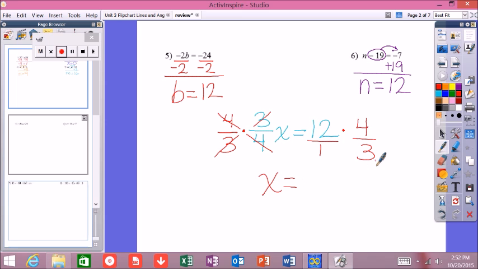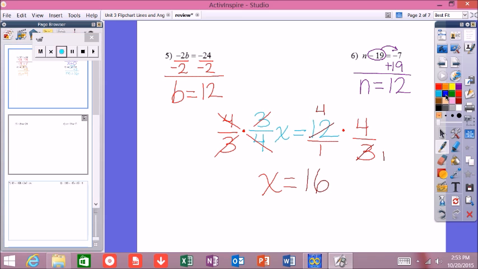On the right side, just type in 12 times 4 divided by 3. Or in your head, you can say 3 goes into 12 four times, and that leaves 4 times 4 is 16. X equals 16, and again, you can plug it back in and check.